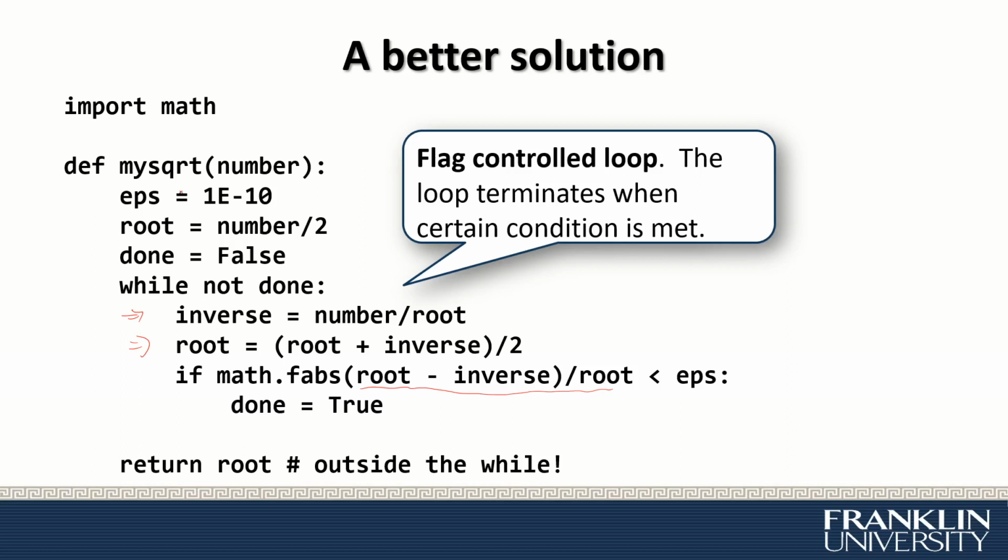The epsilon is just like a delta. How much does it change in each successive iteration? If it's less than 1 times 10 to the minus 10, which is a very small number, then I set done equal to true to exit the loop and return the root. Let's see how this works.